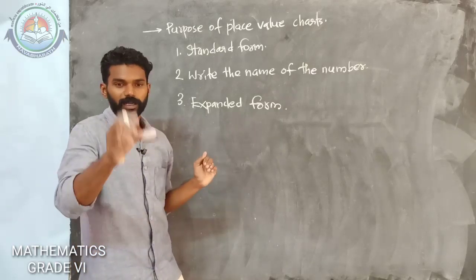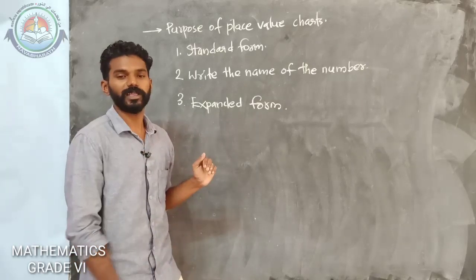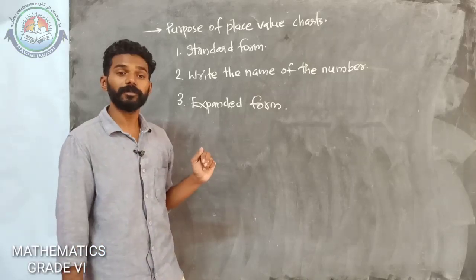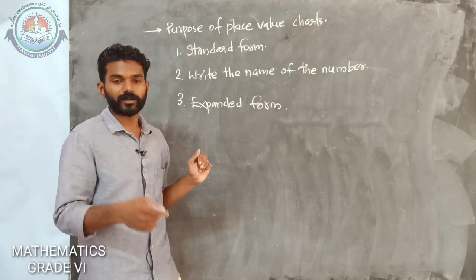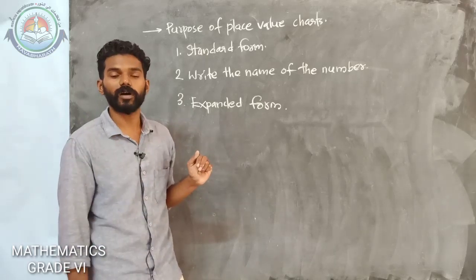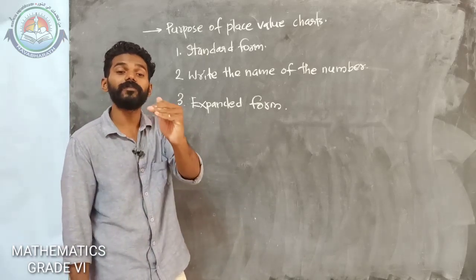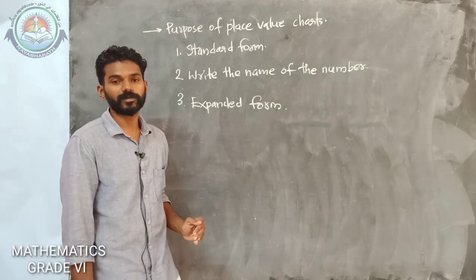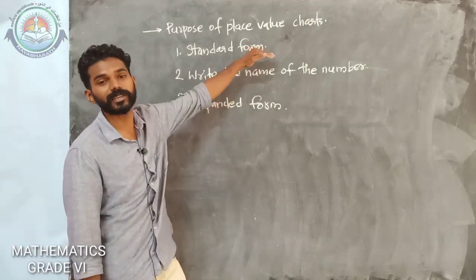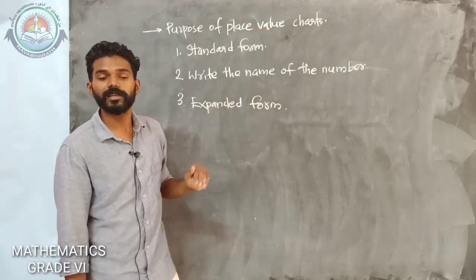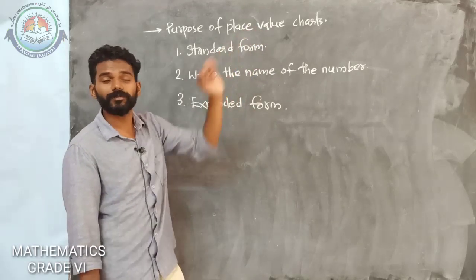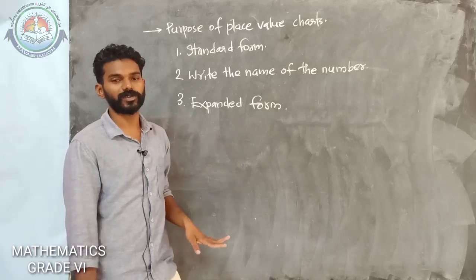Actually, it is not according to the places, but according to the periods. You have to put commas after every period. We will discuss in detail for the Indian and international number systems by taking certain examples.